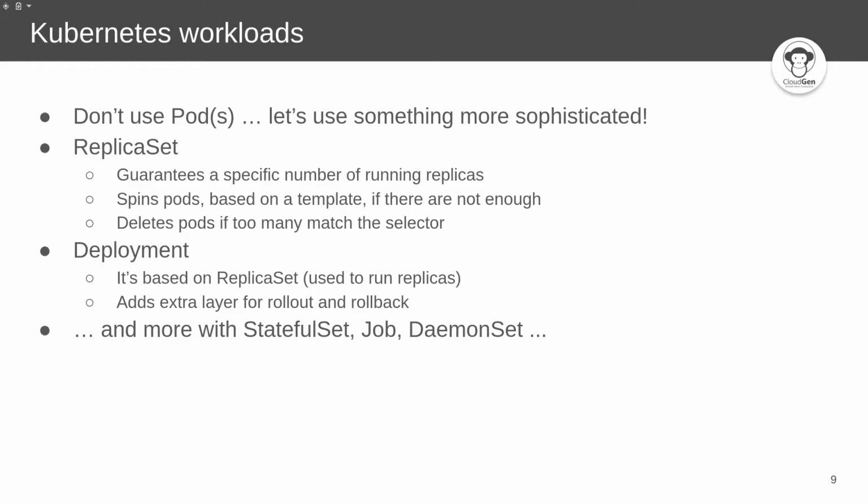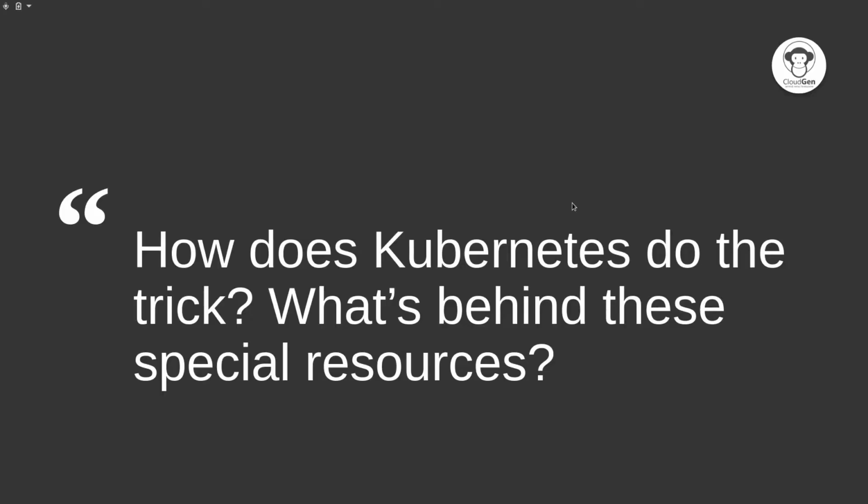There are also jobs, like the cron job for running some job periodically, or even daemon sets for running some application as a daemon on all the nodes in your Kubernetes platform. So don't use the pod, use the more sophisticated Kubernetes native resources that we have in order to run your workload on Kubernetes itself.